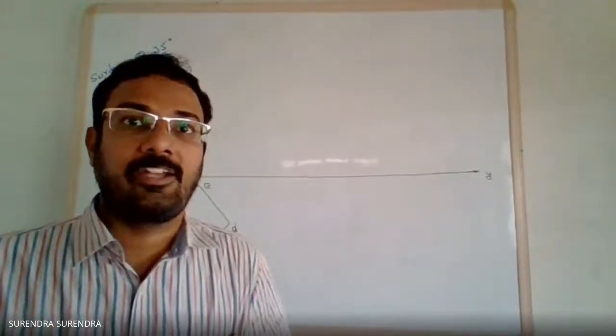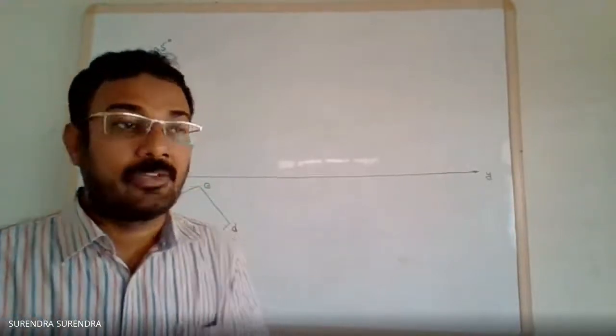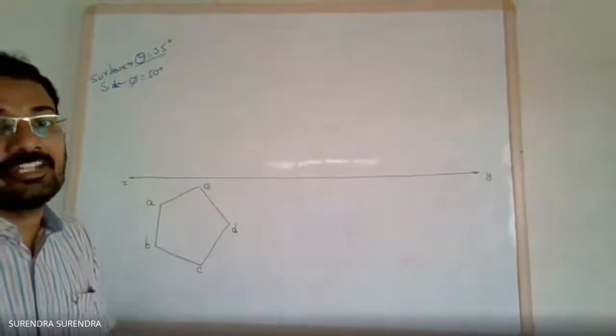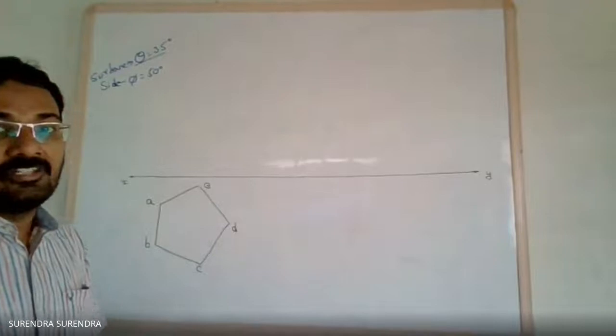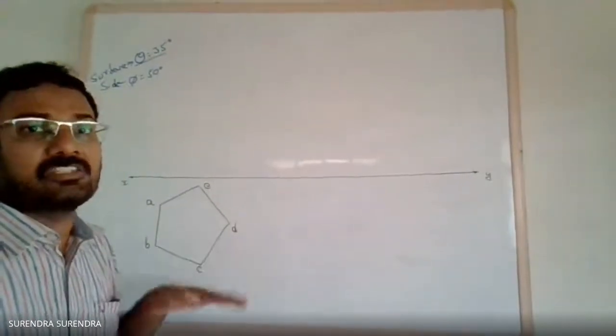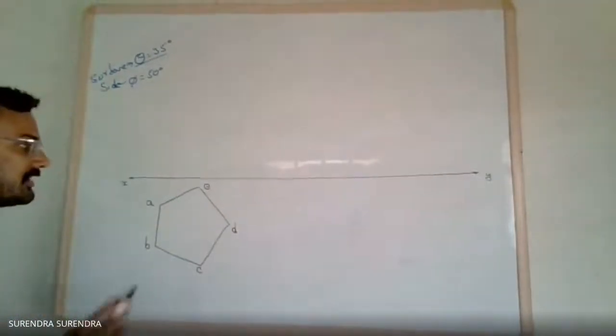But in this problem, one of the sides is parallel to HP. That means we must project all these points to a height above the XY line, not on the XY line. Because the distance is not given, take around 20 to 30 mm distance.